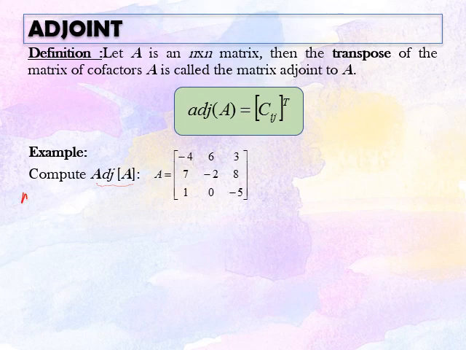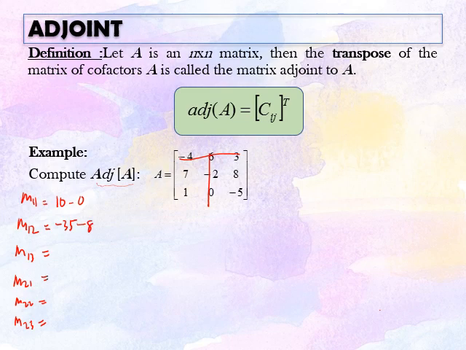So what is M11? M11 will be 10 minus 0, M12, M13. You need to find everything. M21, M22, M23, and then M31. First settle this one first. So M12 will be negative 35 minus 8, right?